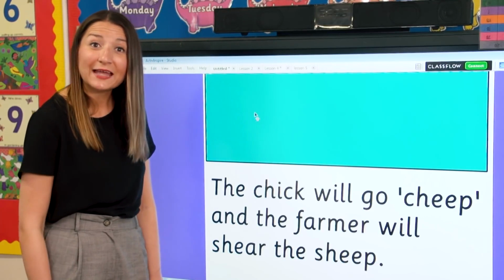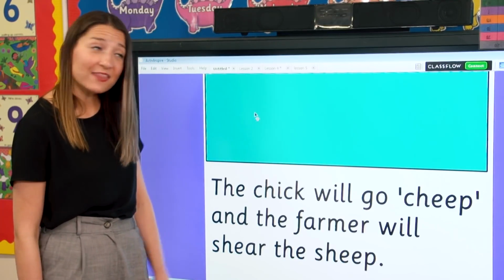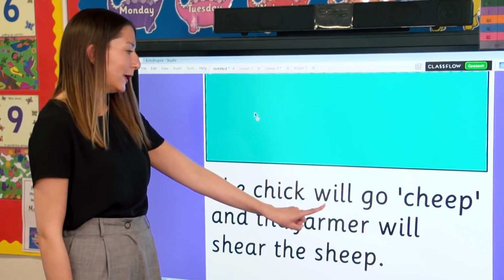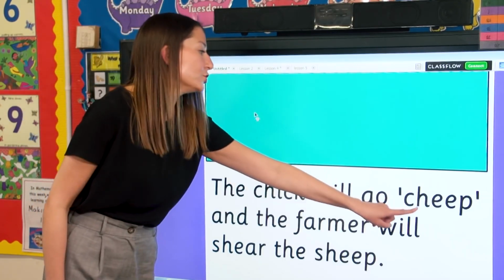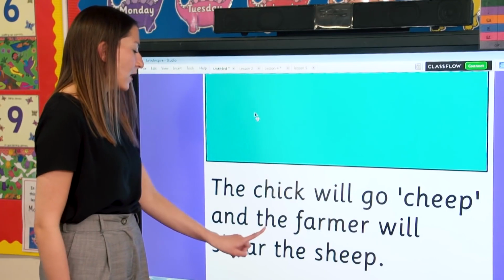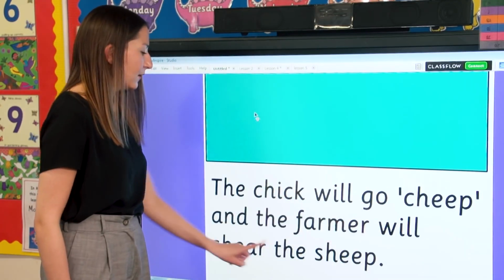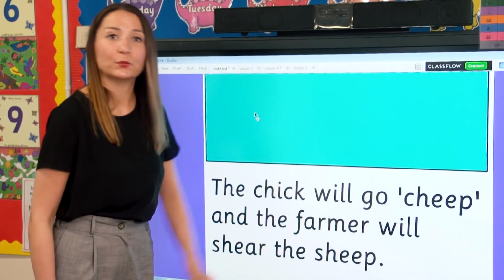Excellent reading. Now, let's read the sentence together. The chick will go cheap and the farmer will shear the sheep.